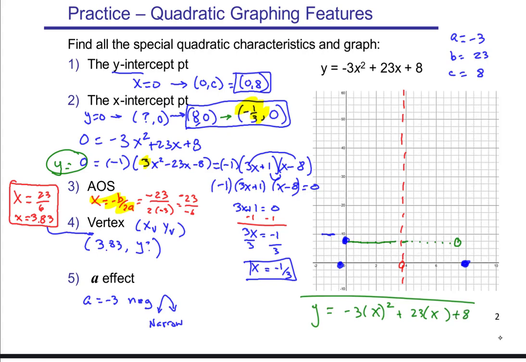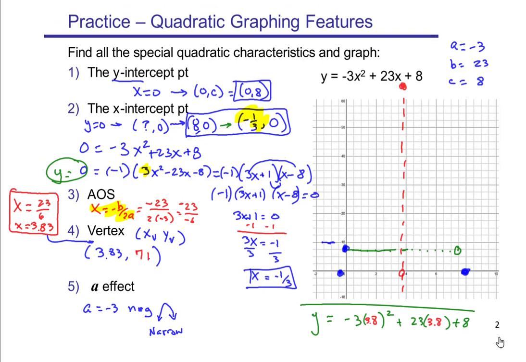Now I'm going to take the x out and I'm going to plug in 3.8. Now I've rounded it off a lot, but it's pretty close. So we won't get the exact vertex, but we're going to be close enough. And this is where we're going to use our calculator. The 3.8 is not mental math. We're going to need to do that in the calculator. And so you try it in your calculator along with me.